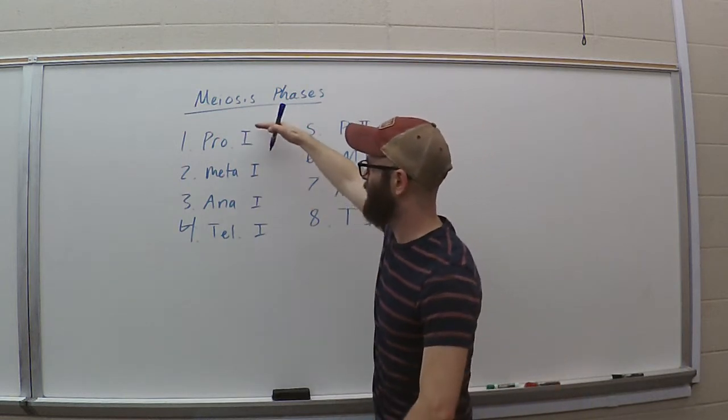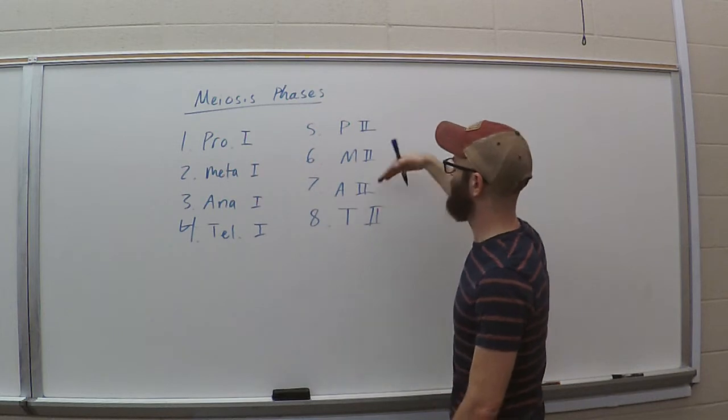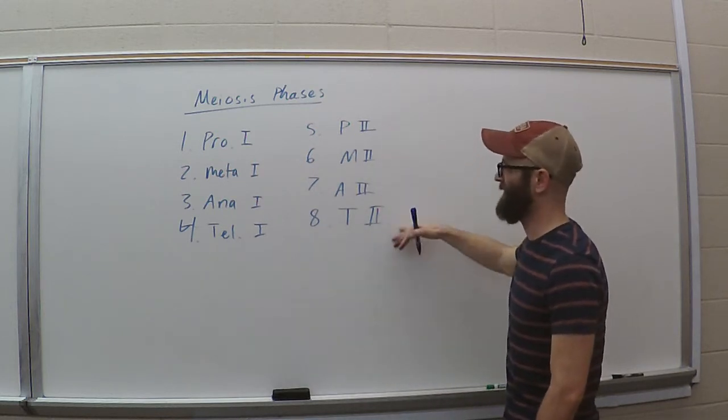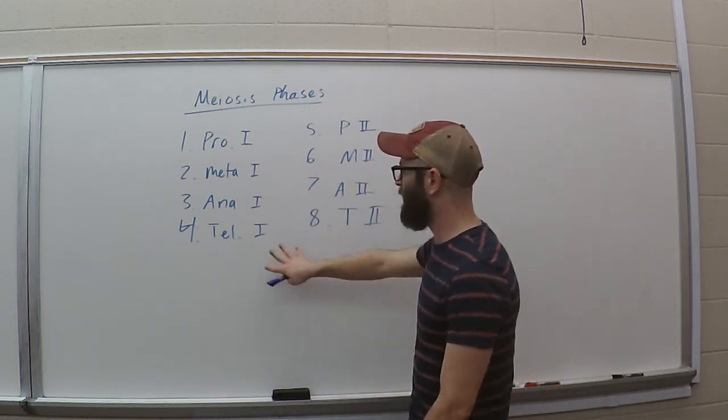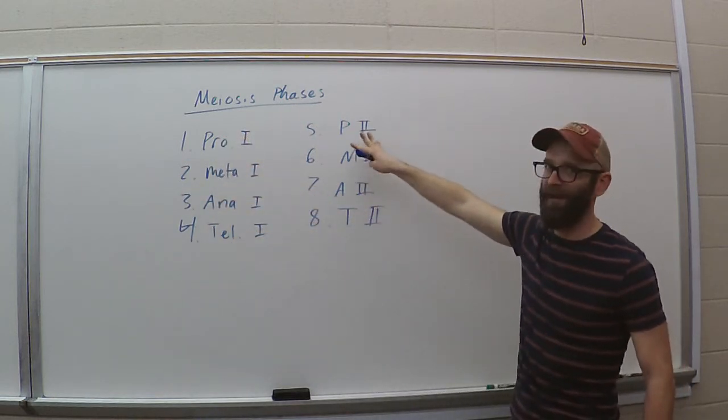Right? So you go through prophase, metaphase, anaphase, telophase, and then prophase 2, metaphase 2, anaphase 2, telophase 2. So this all happens during meiosis 1, and this all happens during meiosis 2.